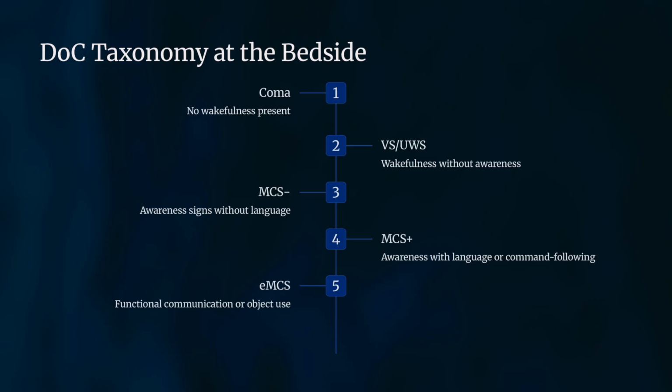He or she at times is wakeful, but doesn't seem to be responding to anything that we are doing. Next is MCS minus, which is the minimally conscious state minus. In this, awareness signs are there, but there is no language or command following. Next, here you do find some kind of awareness to language as well. Finally is functional communication with some kind of use of objects also.